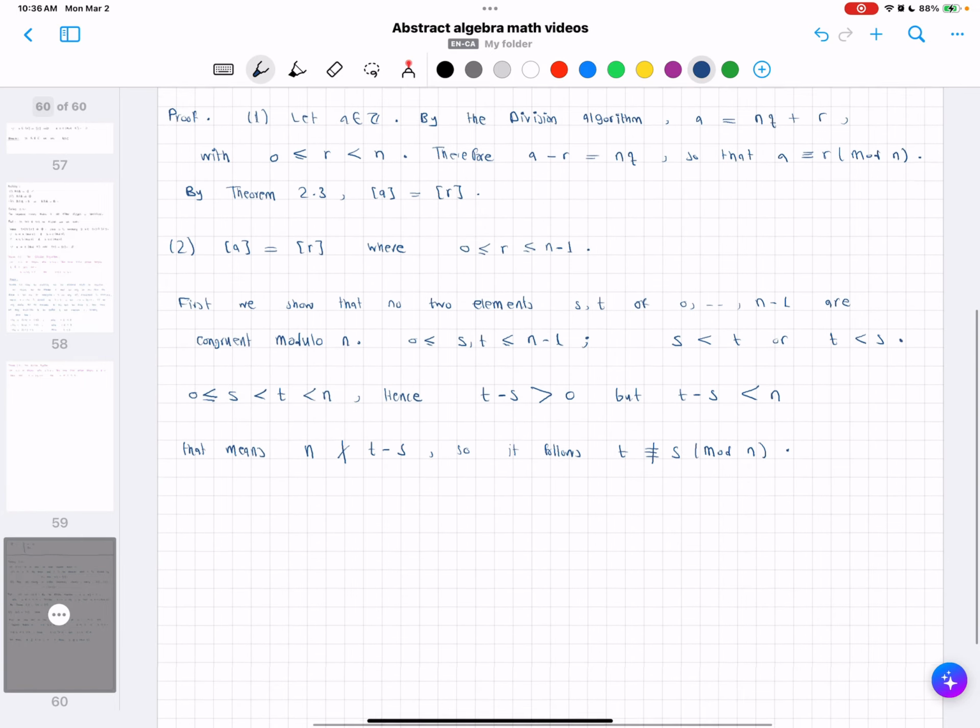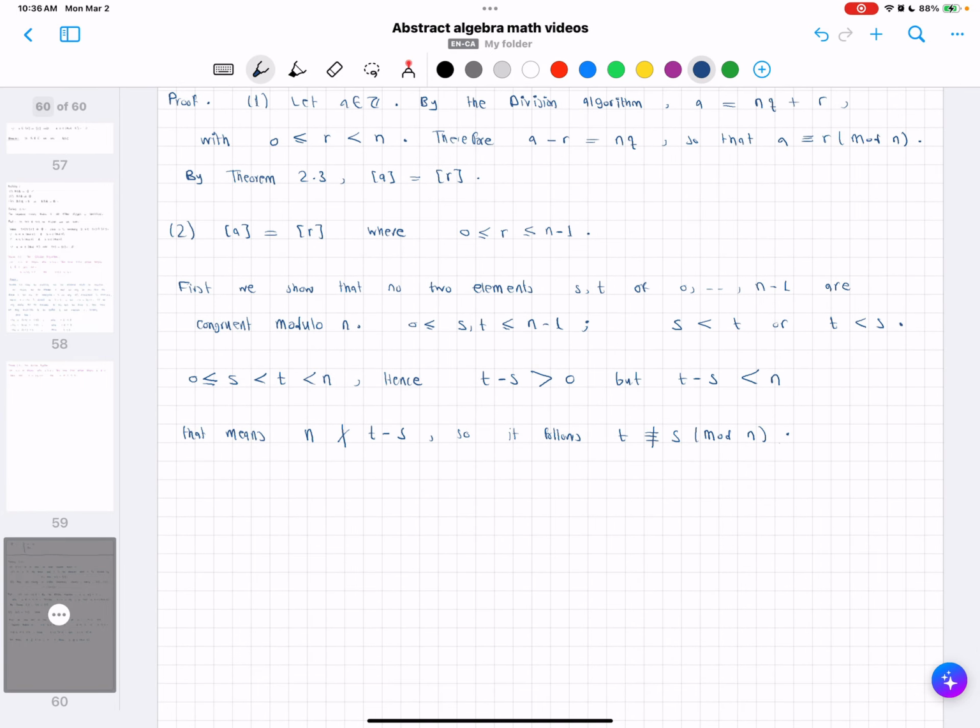And so all the classes are distinct. So then it follows that the class of T is not equal to the class of S.